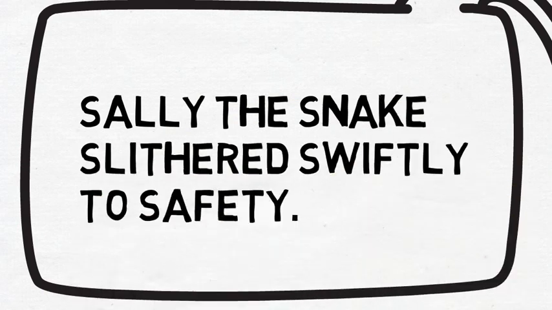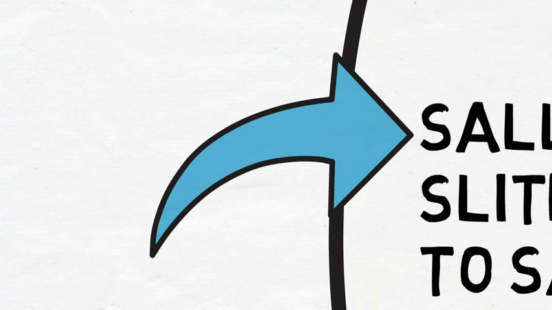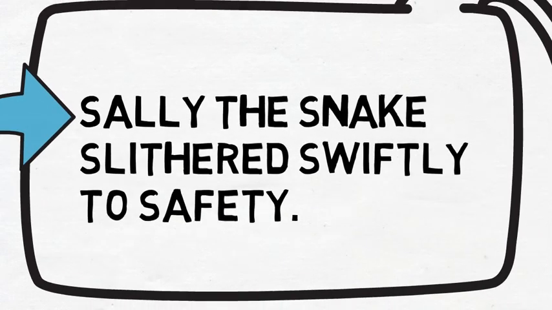The sound at the beginning of the word is S. In one sentence, there are at least 3 S sounds, but here it exceeds 3. Sally, S. Snake, S. Slithered, S. Swiftly, S. Safety, S. Because of these repetitions of the consonant sound at the beginning of the word, we call it alliteration.